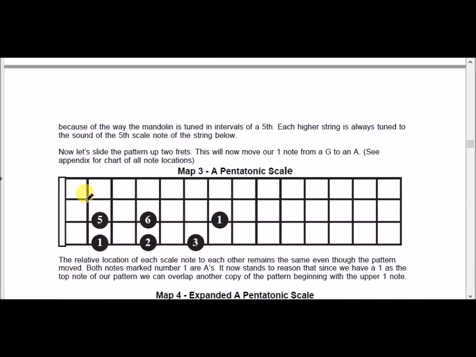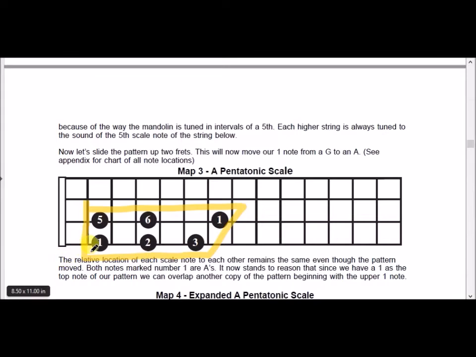And now we just draw our boat, and we have exactly the same pattern, 1, 5, 2, 6, 3, 1, and that gives us the A pentatonic scale. This is the concept of movability.